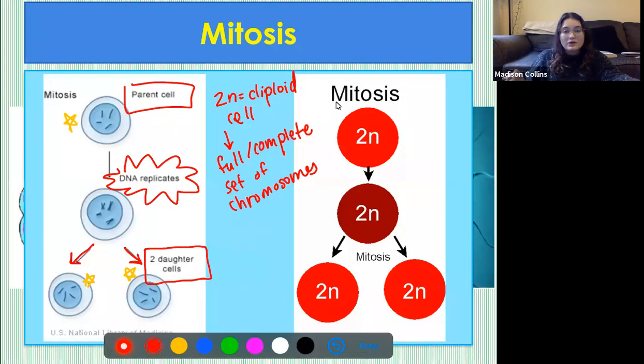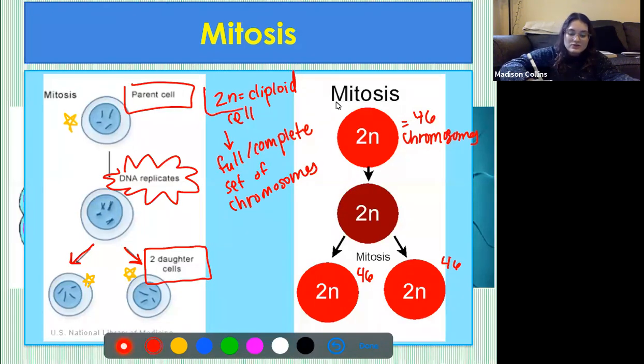So in humans, our diploid number is 46 because we have 46 chromosomes. And this diagram is showing you that at the beginning and the end of mitosis, every cell is going to eventually start and end with 46 chromosomes, a full or complete set of chromosomes. So we call that 2N number the diploid number.